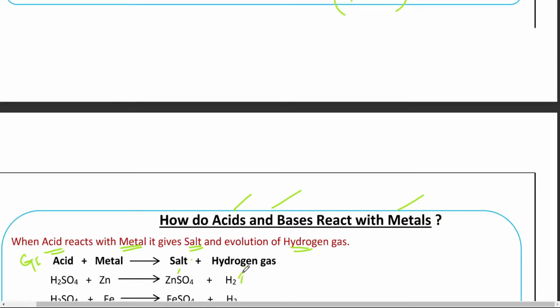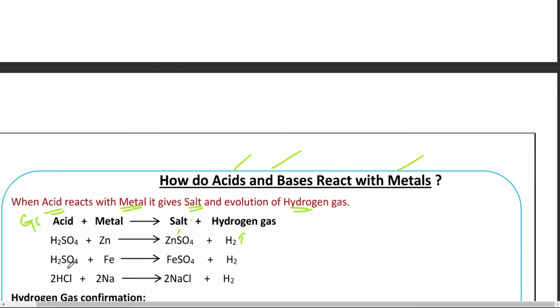Second example, H2SO4 plus the metal Fe. Here we have FeSO4 plus H2. When sulfuric acid comes in contact with iron, it gives you iron sulfate, ferrous sulfate, plus hydrogen gas released.